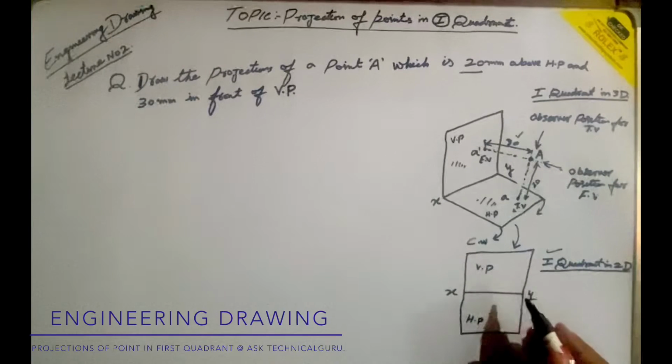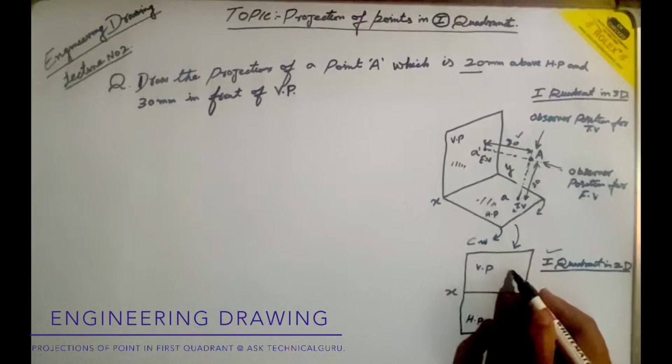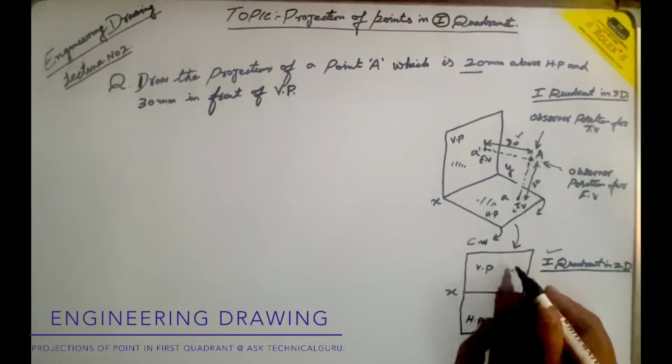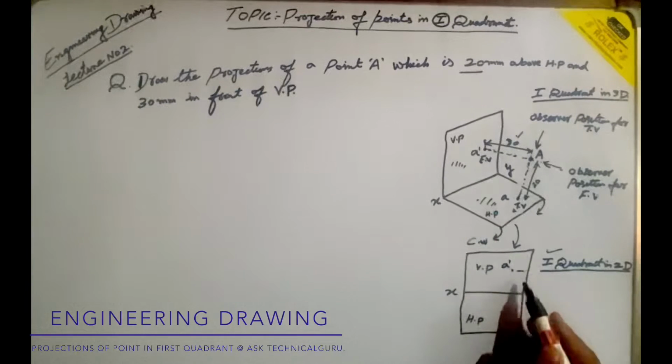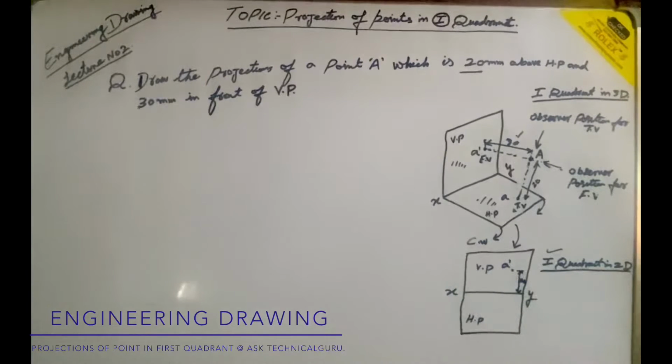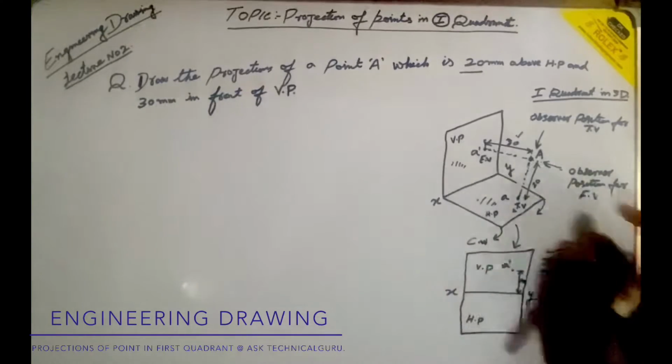When we draw the front view of the point A, we are supposed to go 20 mm from this XY line to this point, and this will be its front view A dash. The front view is always denoted by A dash, and this distance will be 20 mm, visible to us in the front view only.